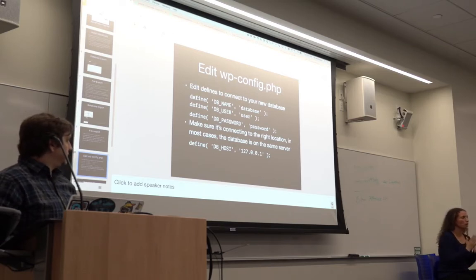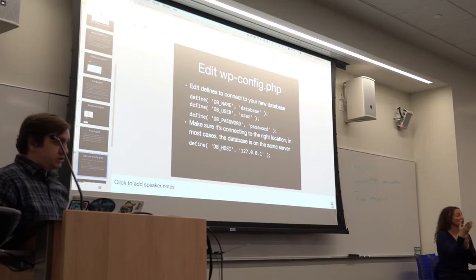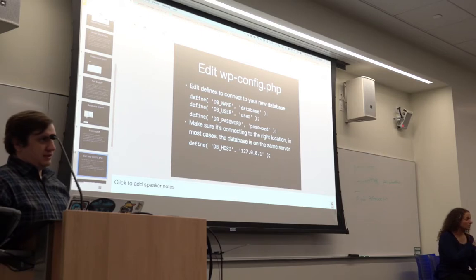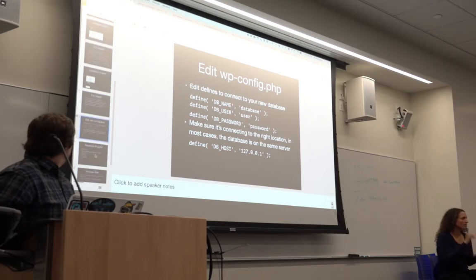Usually it's this address, localhost. That means that the database is served up from the same place as your web server. If it's not, then you'll know, like you'll have been told, because that is a very custom setup. Okay, and that's pretty much it.